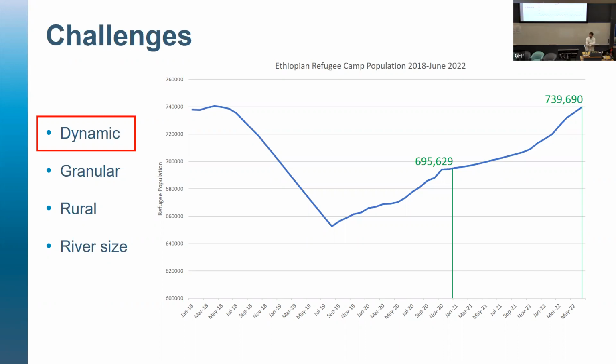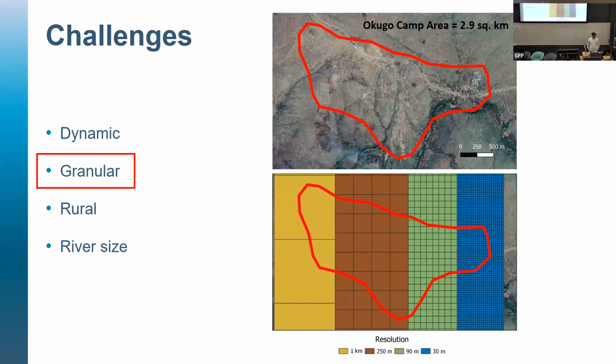Global population maps, which are typically used to calculate exposure, are built using historic census data and historic satellite data, which can't really capture the dynamic nature of these camps and their populations. The second challenge is to do with the size of the camps and the granularity required from the data to represent them properly.